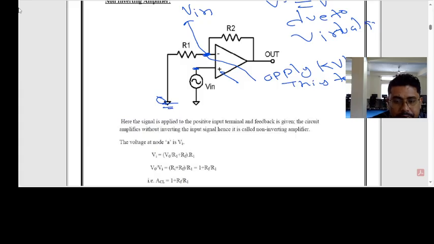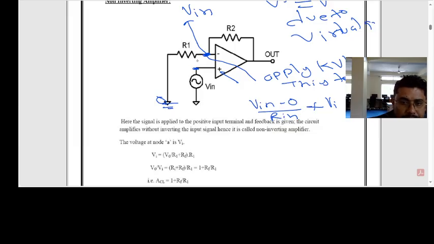So how we can write here: Vn minus V0 via Rn plus Vn minus.